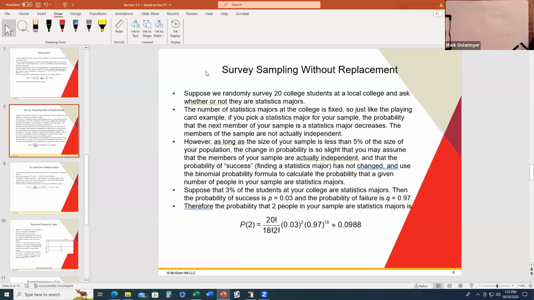Suppose we randomly survey 20 college students at a local college and ask whether or not they are statistics majors. The number of statistics majors at the college is fixed. So just like the playing card example, if you pick a statistics major for your sample, the probability that the next member of your sample is a statistics major decreases.